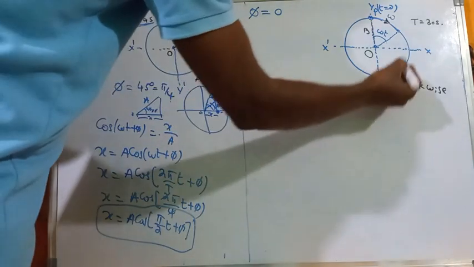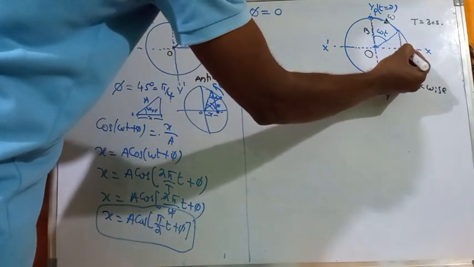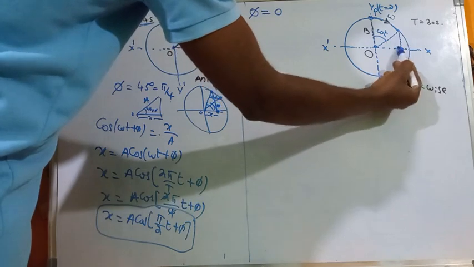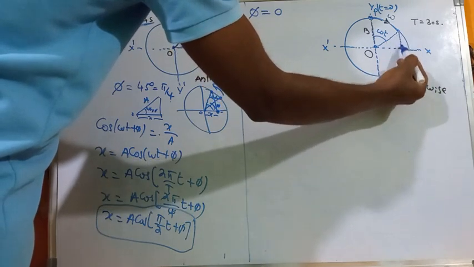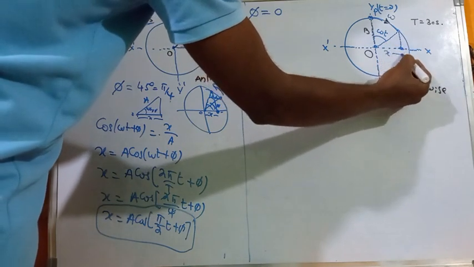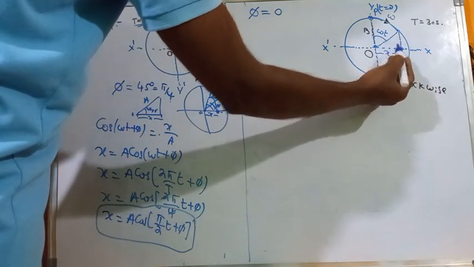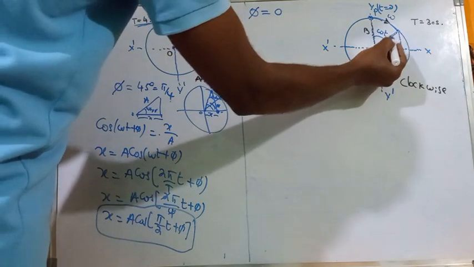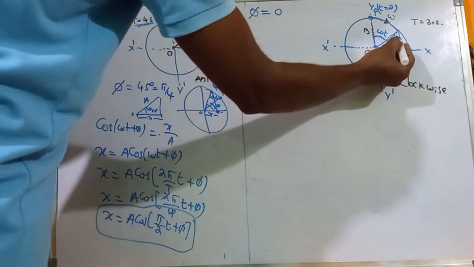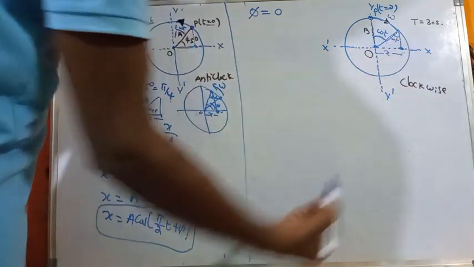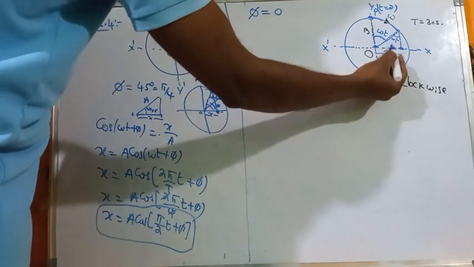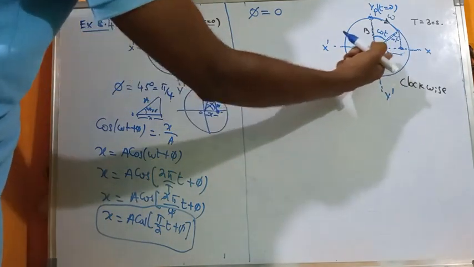Then again here we have to write the x projection. This is our x projection, meaning the shadow of the particle on the x-axis. Now we have to find out how much this x is. We know that this angle is also the same, equal to omega t. For that, it is the opposite side, so we can write sine theta.